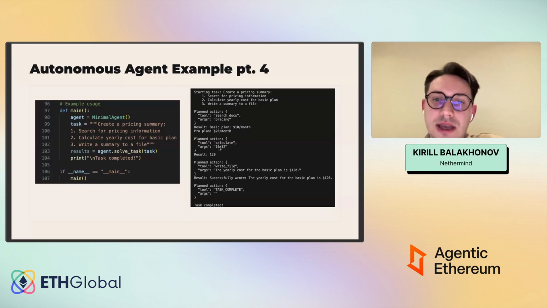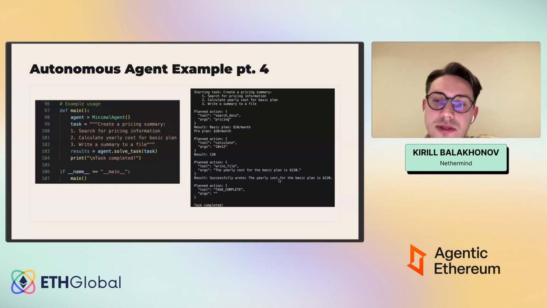So the LLM created this action, and then it got to the actual execution, and the result that we got after eval is 120. Then it decided to go to the next action, which is write file. So it chose write file, and what it put as the arguments was the text: the yearly cost for the basic plan is $120.